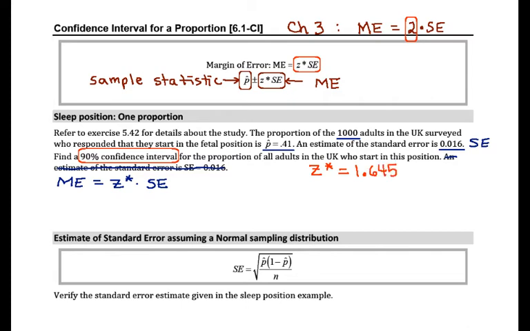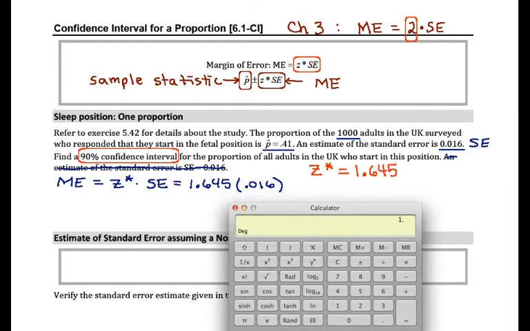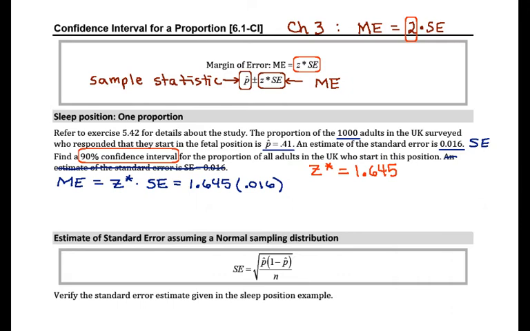Therefore, my margin of error is equal to 1.645 times this 0.016. And we can bring in our calculator now to do this quick computation, and get 0.02632.